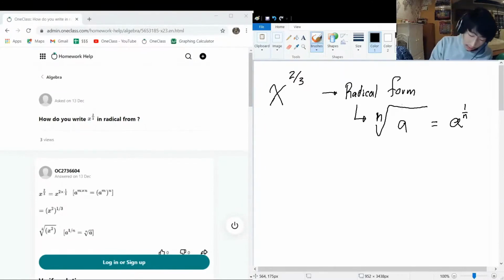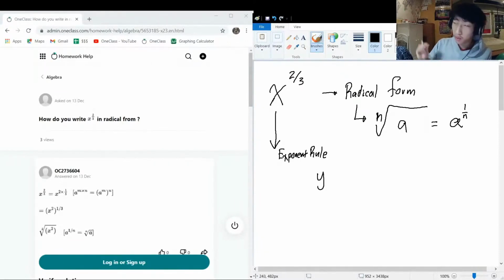Okay, so let's see what we can do here. Well, we don't have a 1 on top here, but here's an interesting rule about exponents. Let's say we have y, and I'm just using y as a generic variable, but you could use x, w, square, happy face.